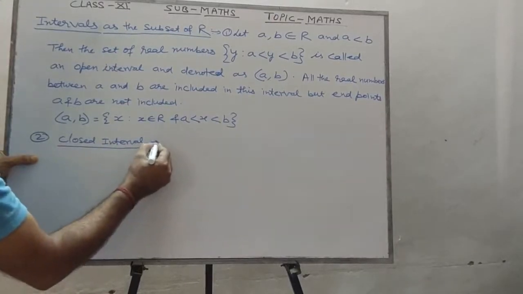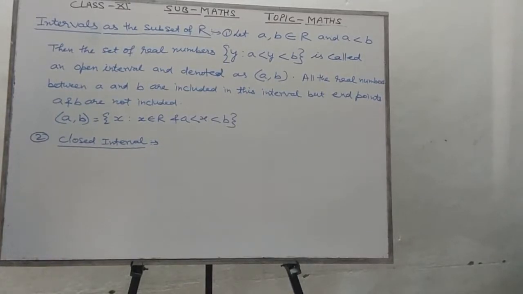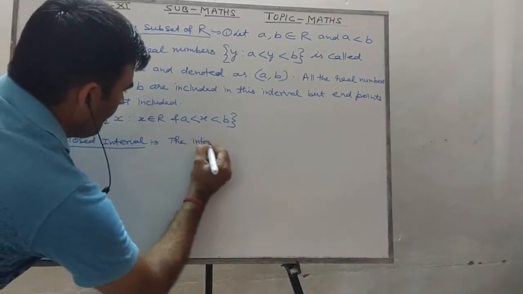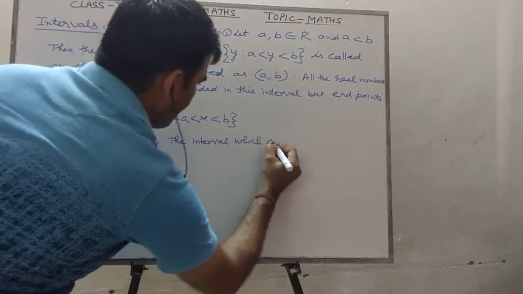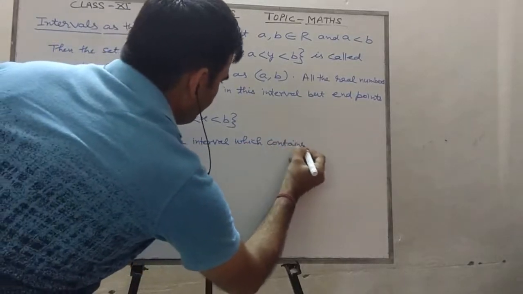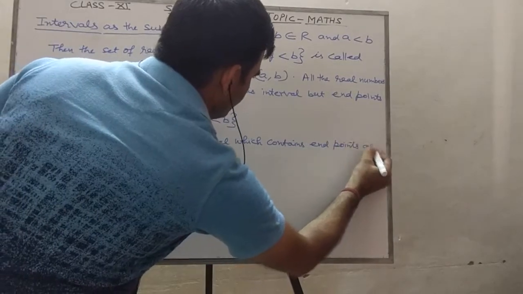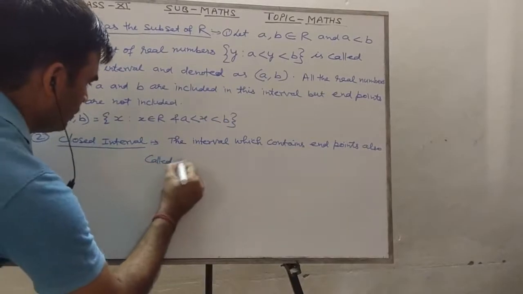If any interval includes the endpoints also, any interval which contains the endpoints also is called a closed interval.